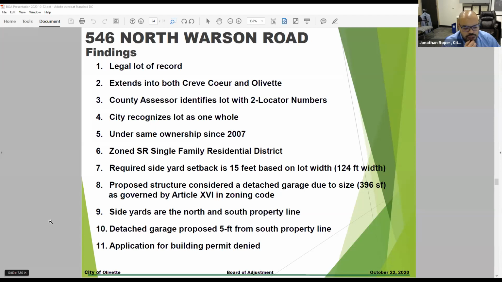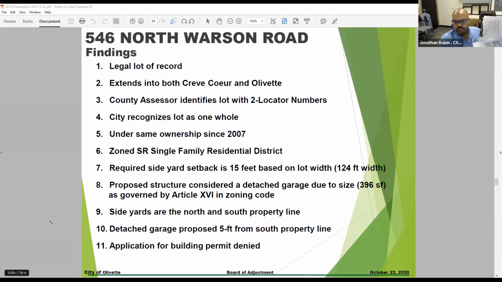The detached structure is proposed to be 5 feet from the property line on the southern end. You have in your packet your affidavits, and the notifications to the properties at least 185 feet around. Your staff report notes more of what we went over, including some of the specifics and codes.